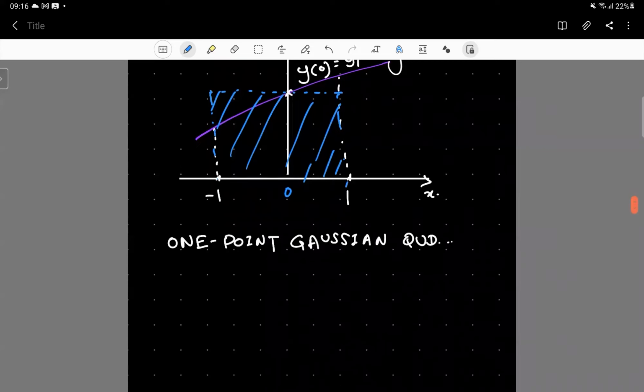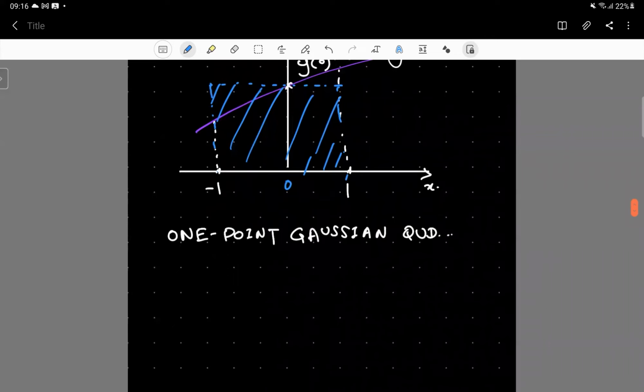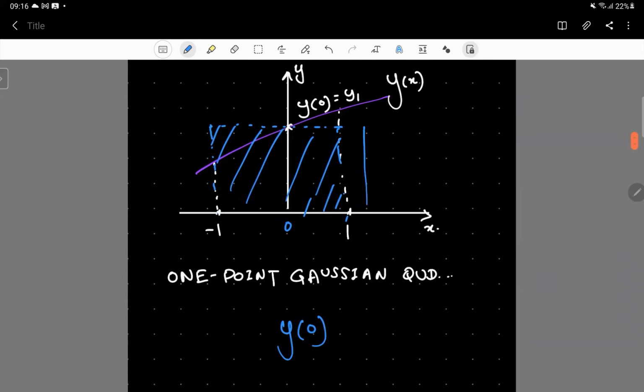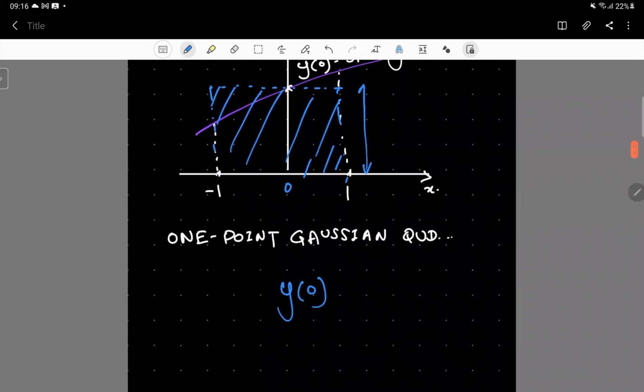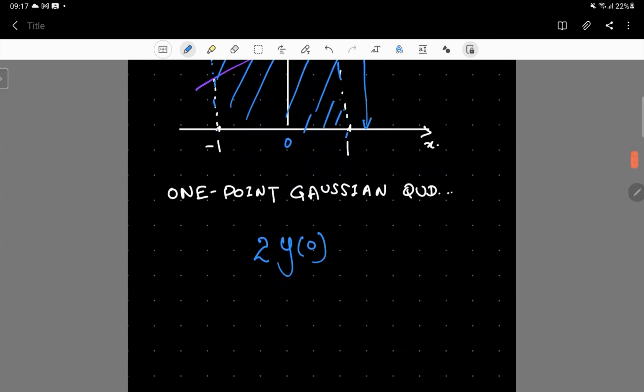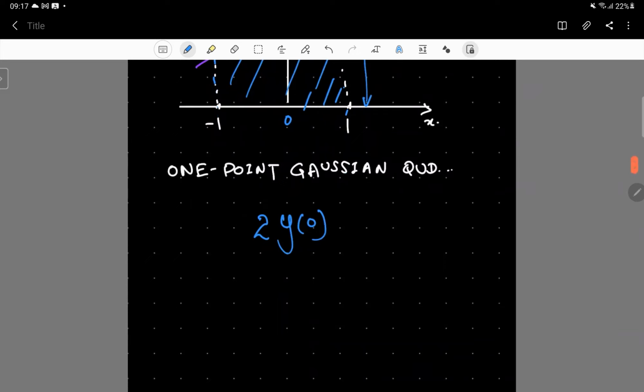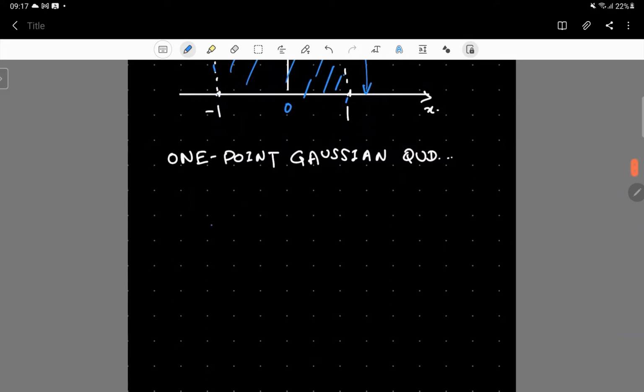So if you use the 1-point Gaussian quadrature integration technique, we select one particular point, the midpoint, and we call it y0, and this is the height, then we simply multiply it by the length of the interval. In this case, it is 2. We are interested in evaluating this integral of y(x) dx from -1 to +1.